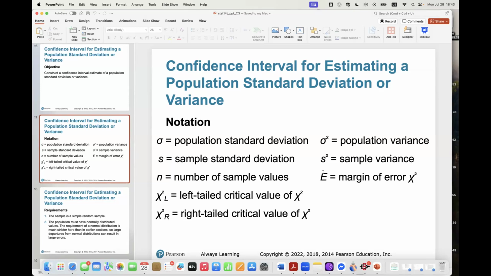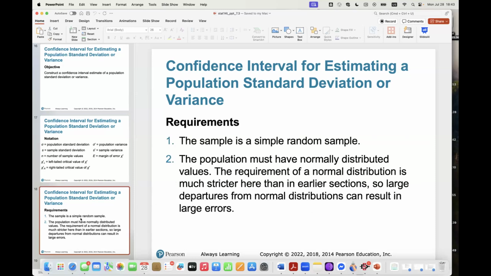Normally we use margin of error, ME, for the normal distribution, but this one is for the chi-square distribution, so we use E only. For the left-tailed critical value of chi-square, normally in the normal distribution we use z star, right? But in this case, we use chi-square L. This one is chi-square R, where R stands for the right tail.